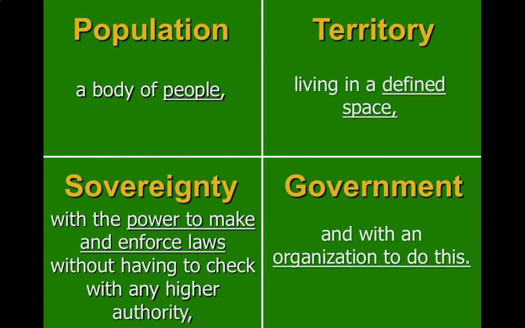And then you have to have government in order to organize all of this. So the four things you have to have in order to be a state are population, territory, sovereignty, and government. And once again, sovereignty is the key here, so make sure that you highlight that and understand that, because we're going to use that to differentiate between, is Indiana a state and is the United States a state?